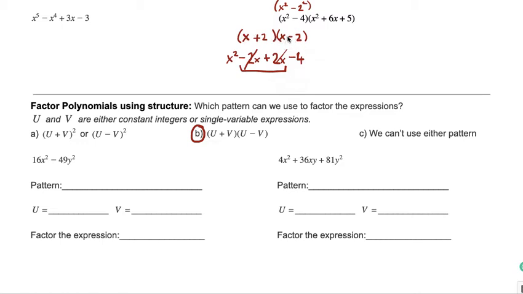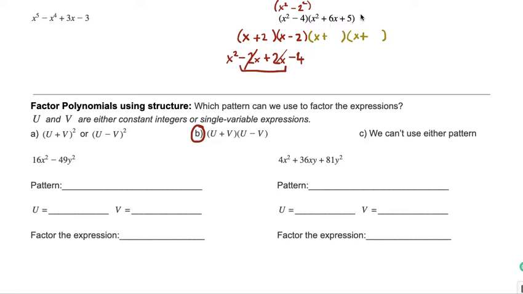Our second factorization, this again is a quadratic, so let's set up our binomial factors. We're going to have an x. Let's look at the signs. Our last term is positive, so the signs must be the same. Our second term is positive, so both signs are positive. And we're looking for the factors of 5 that add up to 6.